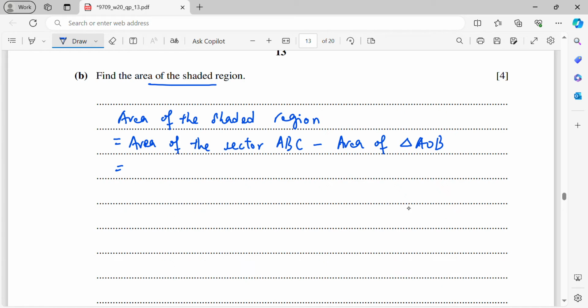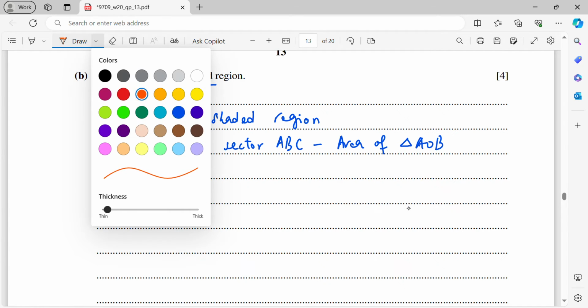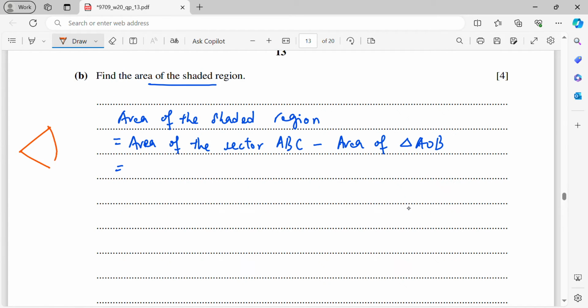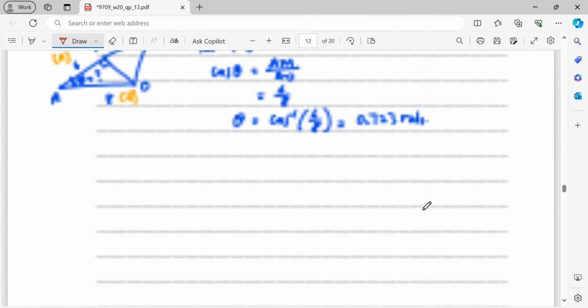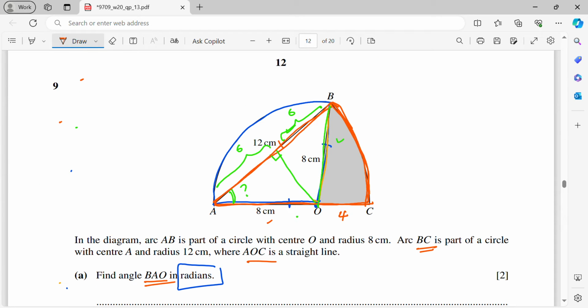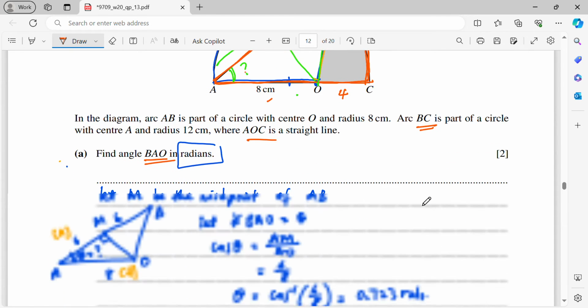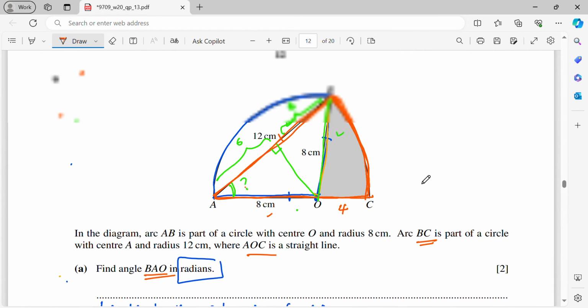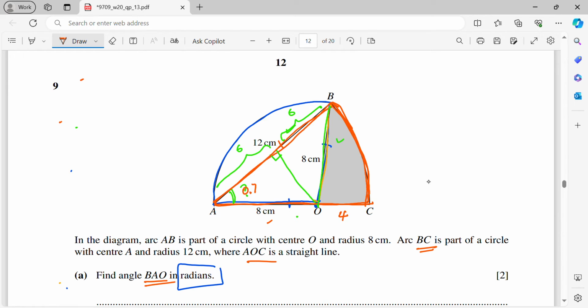Now for your information, if you are given a sector, here is theta, this is r, so the area is basically half r squared theta. Now when you look at the diagram, we have found this angle is 0.723, and the r is 12.